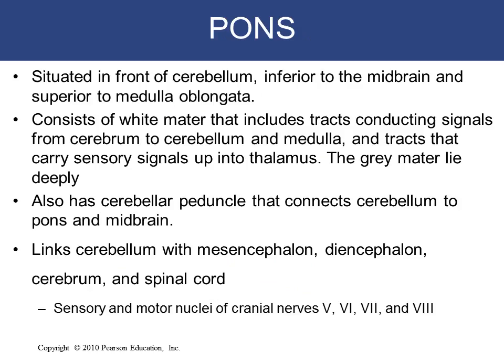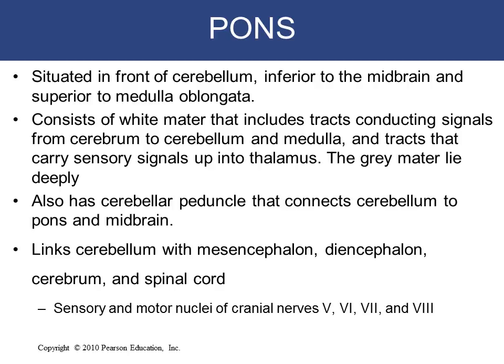Next, the pons is the second part of the brainstem and is located in front of the cerebellum, inferior to the midbrain and superior to the medulla oblongata. It consists of white matter that includes tracts conducting signals from the cerebrum to the cerebellum and medulla, and tracts that carry sensory signals up into the thalamus, and the gray matter lies deeply.